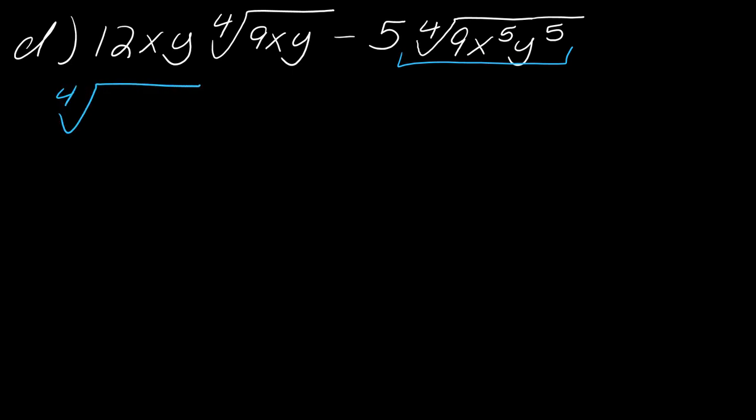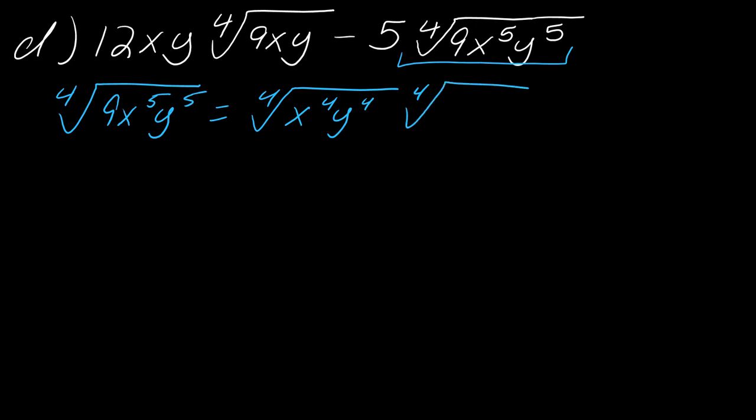For the 4th root of 9x to the 5th, y to the 5th, I can break out this x to the 4th and this y to the 4th, and then I'll still have this other stuff left over. So this will just equal xy times the 4th root of 9xy.